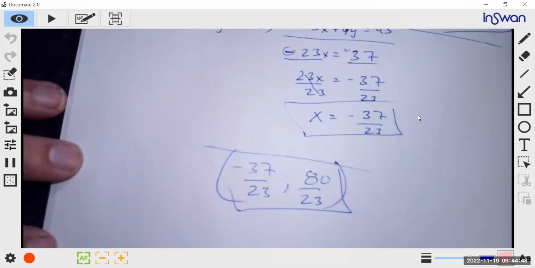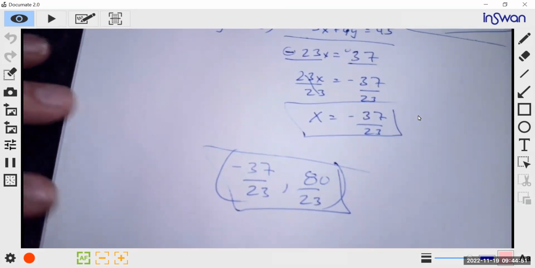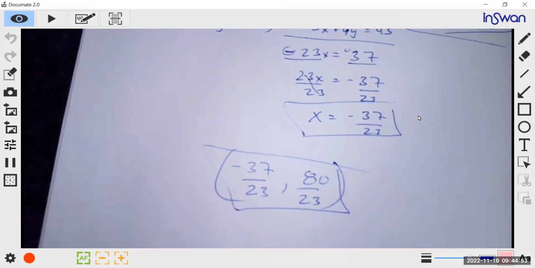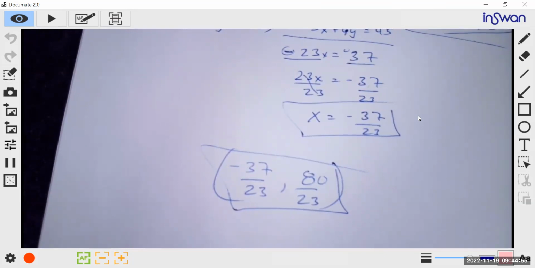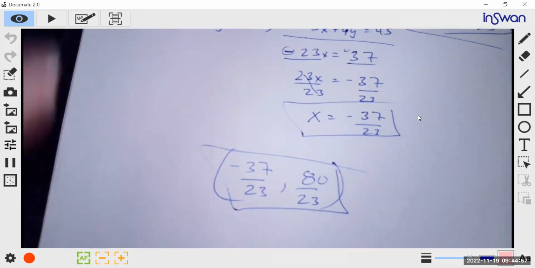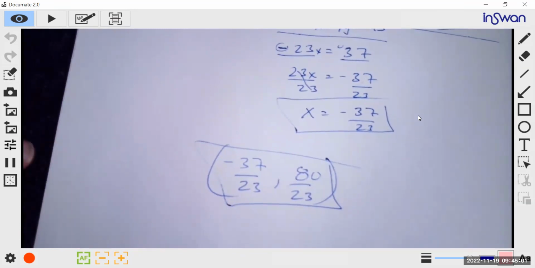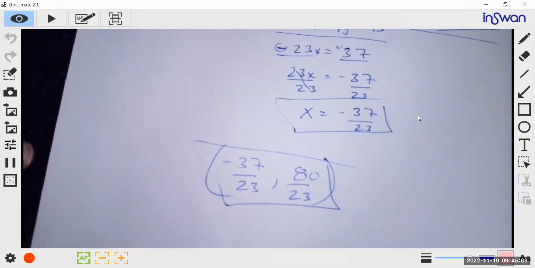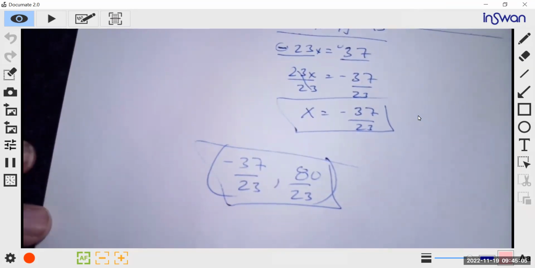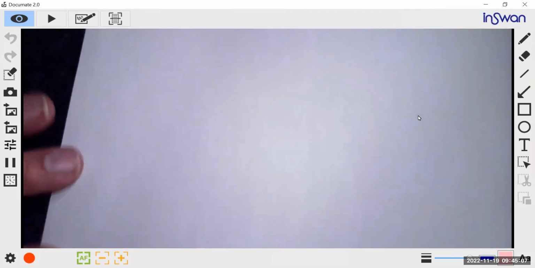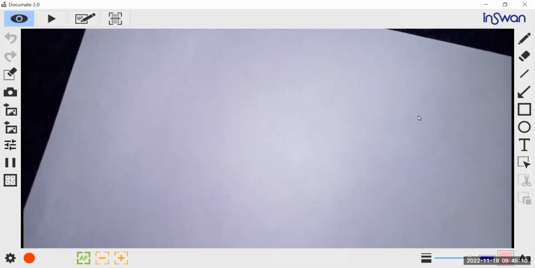All right, those are the three primary methods: graphing, substitution, elimination. I want to show you now a method I like because it doesn't require all this moving around. All it really requires is multiplication, addition, and subtraction. Let me get some more paper.